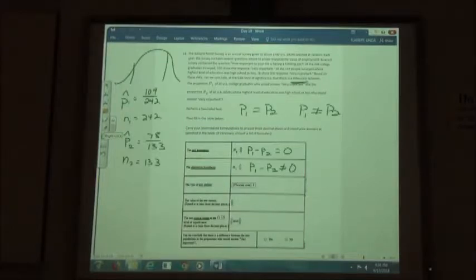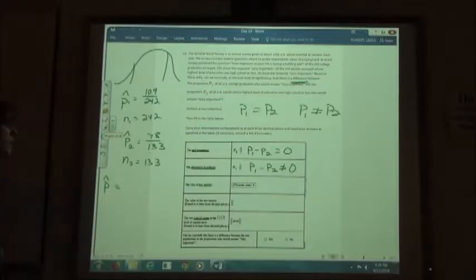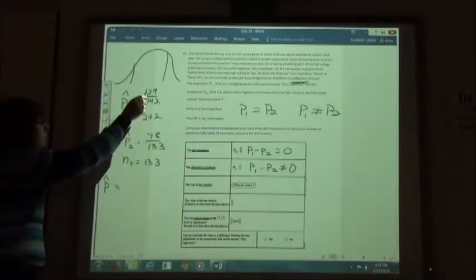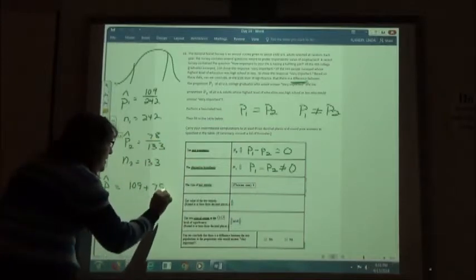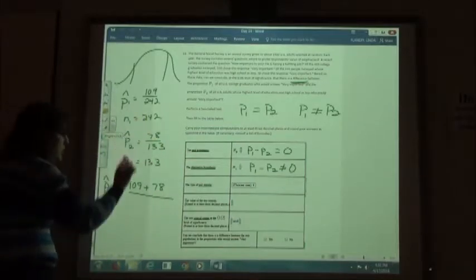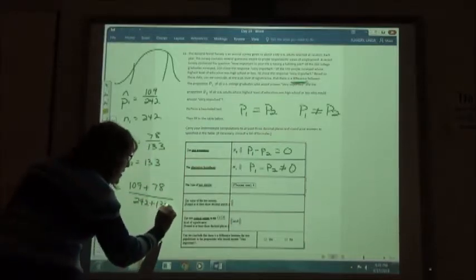So then we had to find just the plain p-hat, not p1 or p2. For the plain p-hat value, we added the numerators together, added the denominators together, and figured out what our answer was. So my numerators, 109 plus 78. My denominators, 242 plus 133.